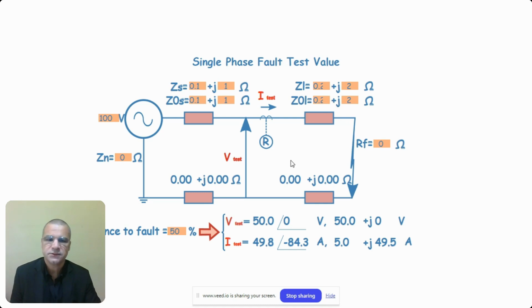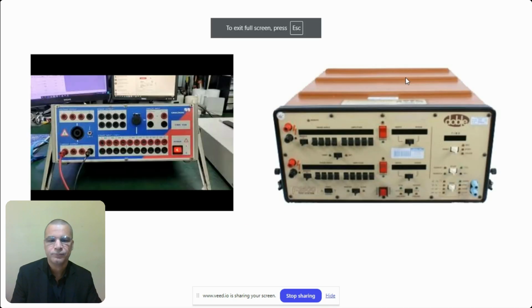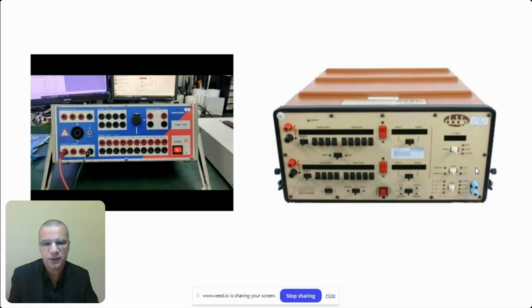When I was in the States, I used to make use of test sets from Omicron or Doble. I'm not affiliated to any of these. I'm just telling you that these were the ones that I used to use.